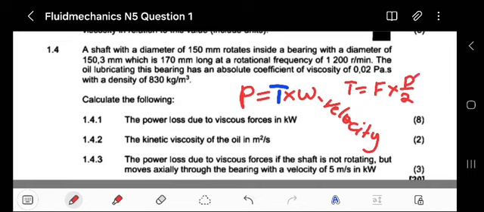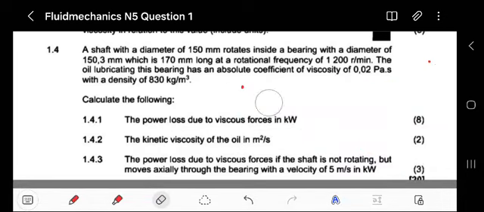But this is the diameter of what? Of the shaft. So here we'll have angular velocity, which is given by 2 pi n. This is our angular velocity. So let us try and compile this thing and maneuver our way through.